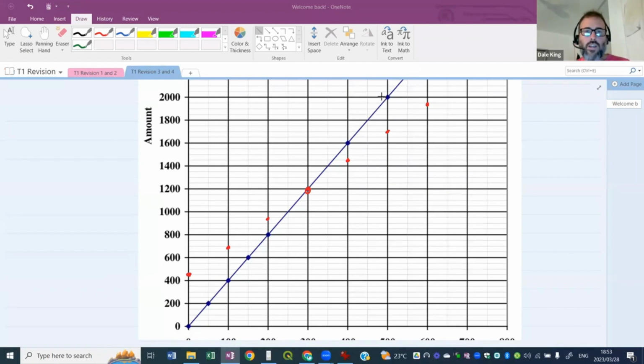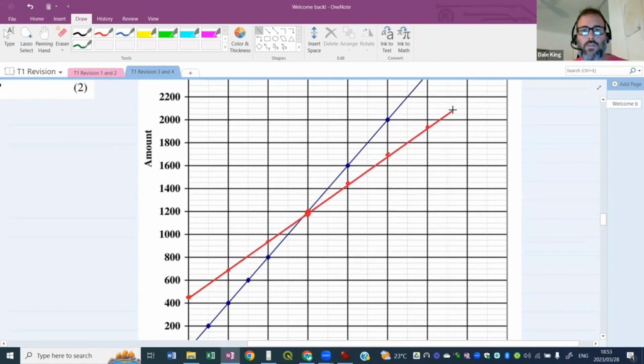Good. Okay. So now if I had to actually join these dots, whoopsie. I'm joining all the dots. And then make a straight line. You know, there are two relationships shown on one graph.